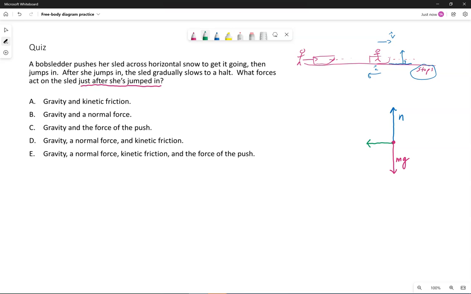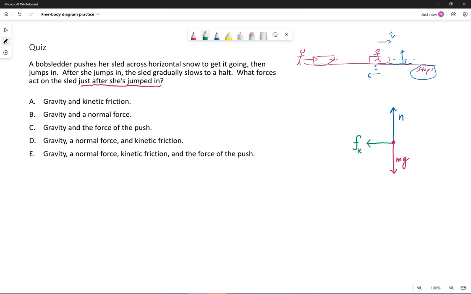This force has to be due to the contact between the bobsled and the surface because there's nothing else in contact with the bobsled. So the only thing we can really have is friction. In this case, they label it as kinetic friction, which is, of course, true because the bobsled is sliding on the surface.